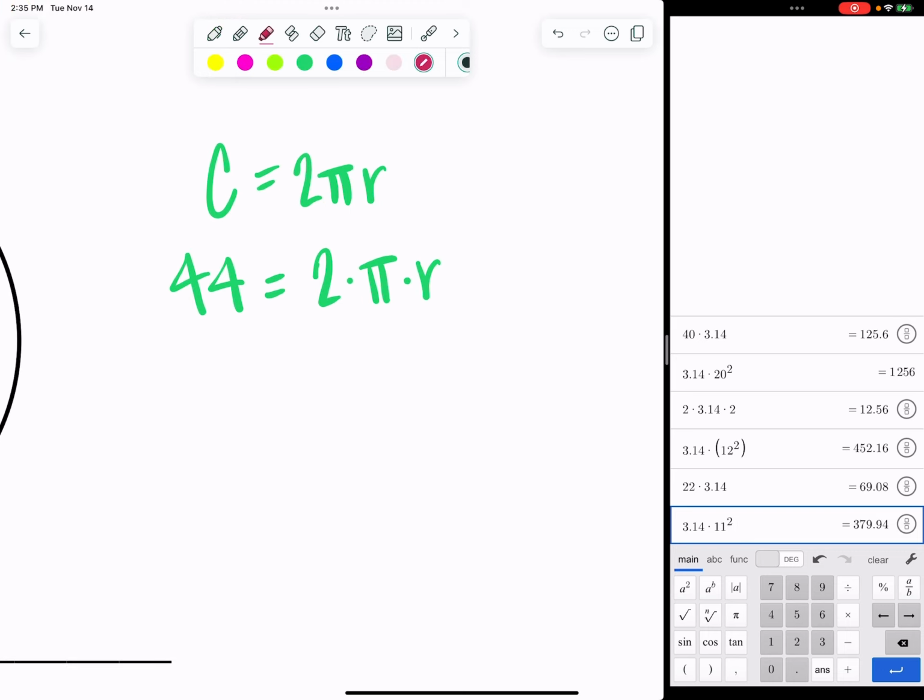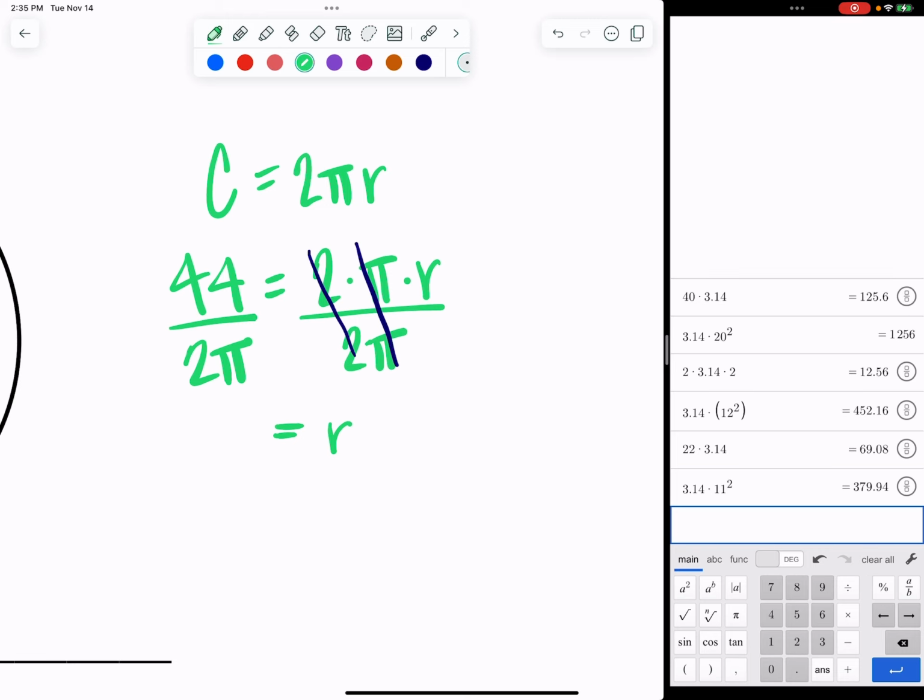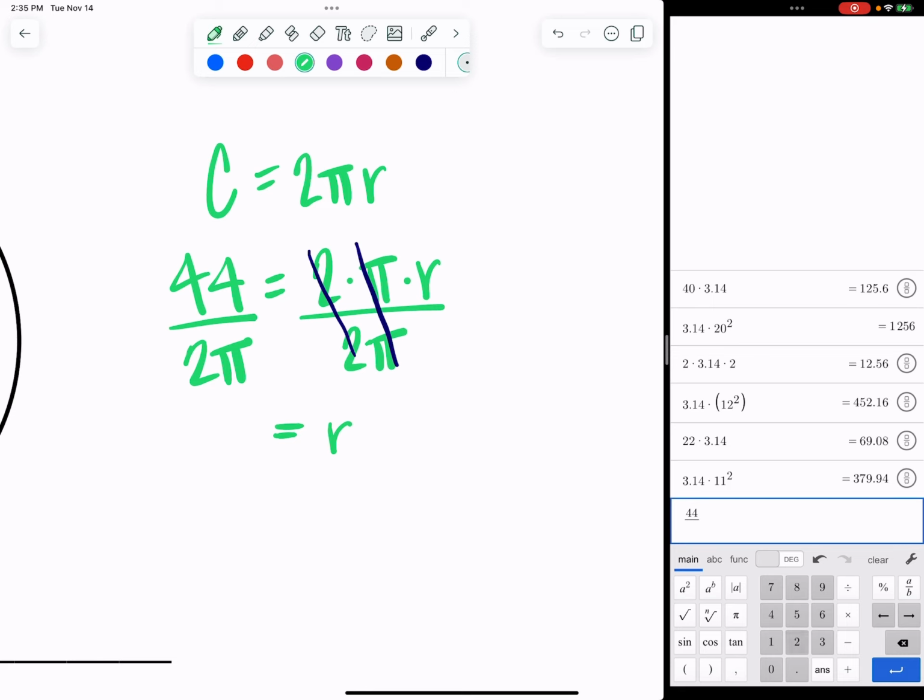Well, since these two places are both multiplying, to undo those, I can divide, but not with the highlighter. So I'm going to divide by 2 pi. 2 pi divided by 2 pi is just 1. So I'm left with radius on the right. And then I want to do 44 divided by 2 times 3.14.